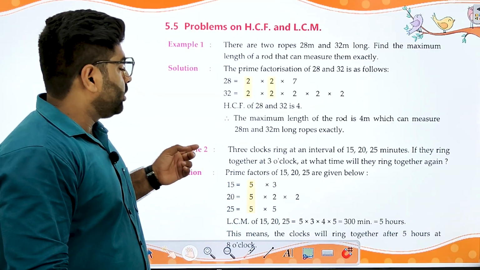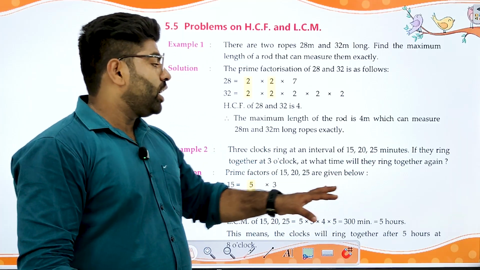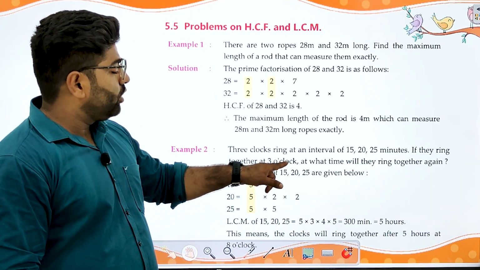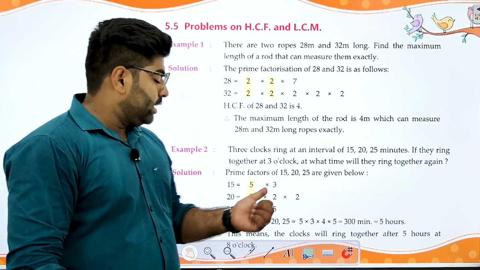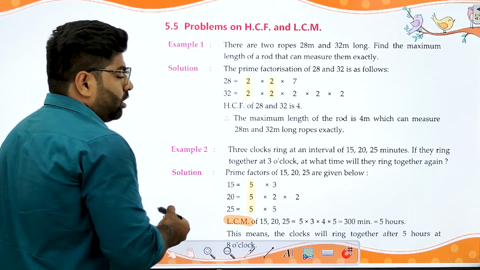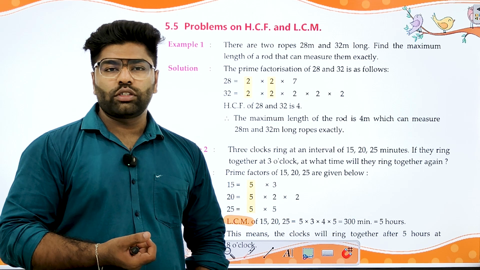Next example: if three clocks ring at intervals of 15, 20 and 25 minutes, and they ring together at 3 o'clock, at what time will they ring together again? In this case, we find the LCM, when they are going to meet. Clear?